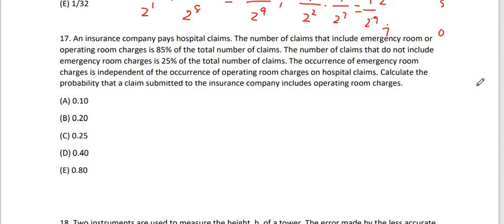So for problem 17, there is a hospital claim. The number of claims that include a room or also include emergency room or operating room charge is 85% of the total number of claims.